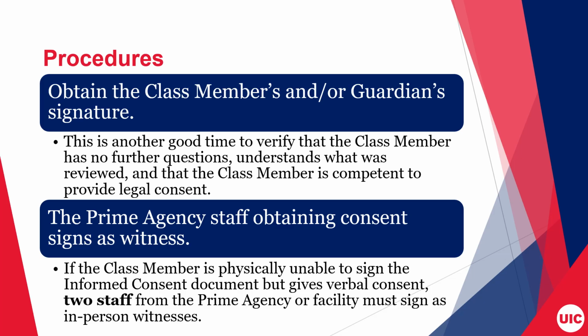However, if the member is physically unable to sign the informed consent, they can provide verbal consent if two staff from the prime agency or the nursing facility or SMRF sign the document as in-person witnesses. Clearly note on the document that the member provided verbal consent that was witnessed by these two individuals. The document should also note the reason why the class member was unable to provide a written signature.